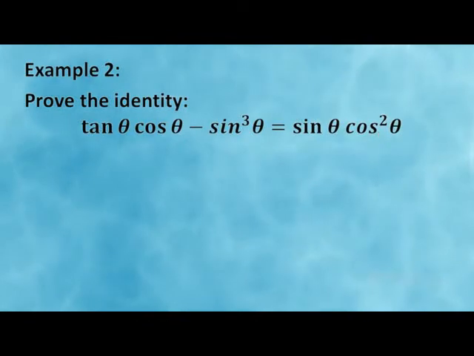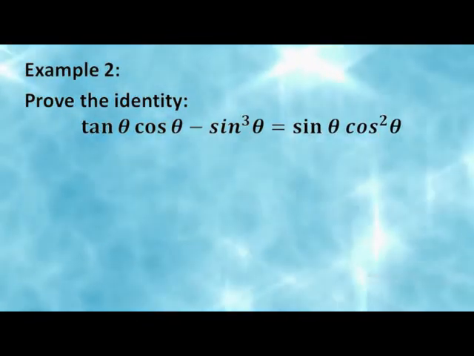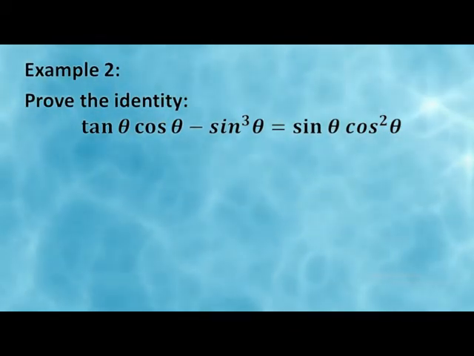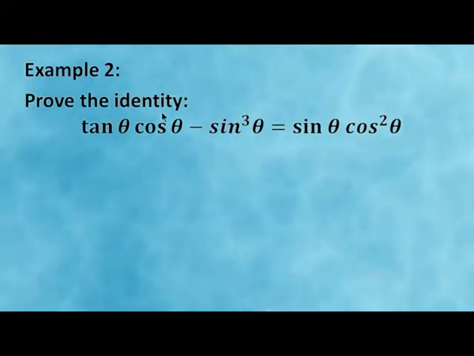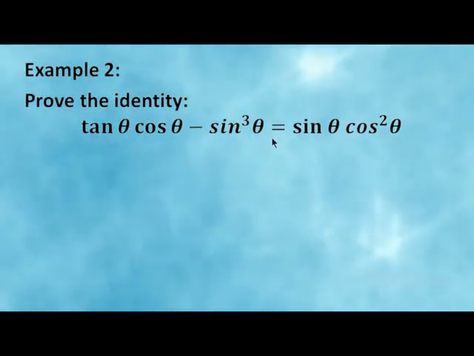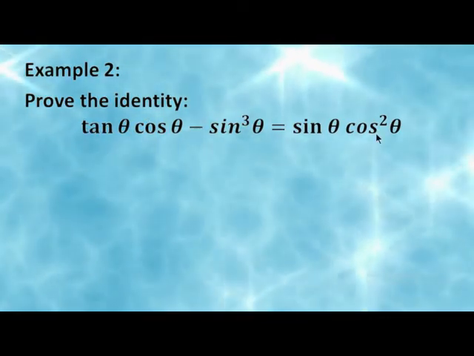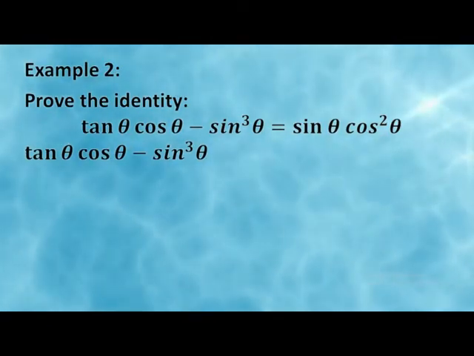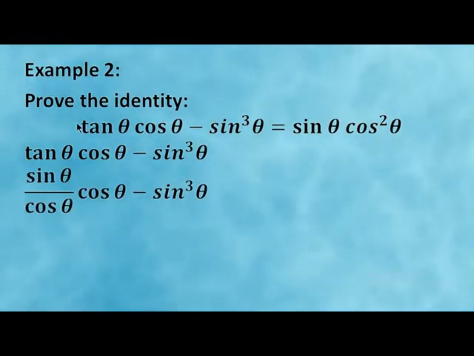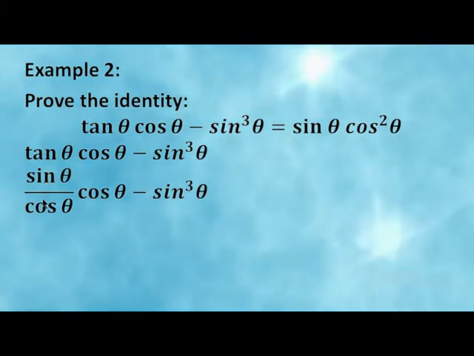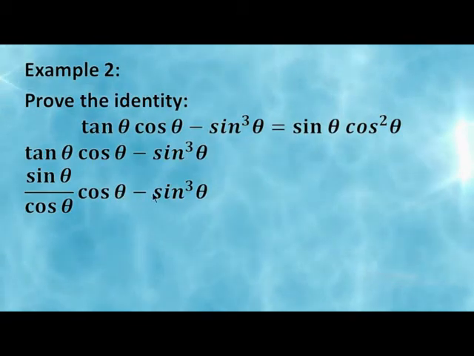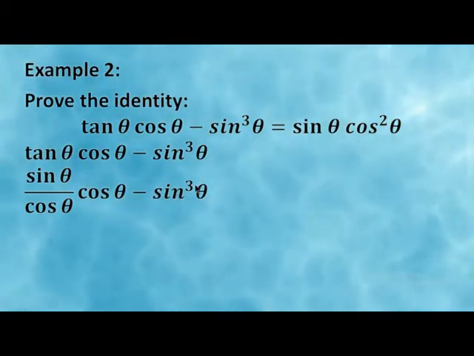In example 2 from your book, prove the identity tan theta cosine theta minus sine cube theta equal to sine theta cosine squared theta. I'm still going to work from the left to form the right. Tan theta cosine theta minus sine cube theta. We know that tan is actually equals to sine per cosine. So sine theta per cosine theta times cosine theta minus sine cube theta.